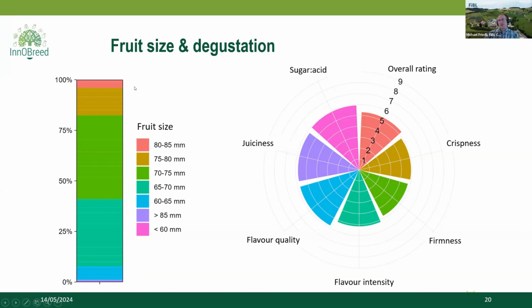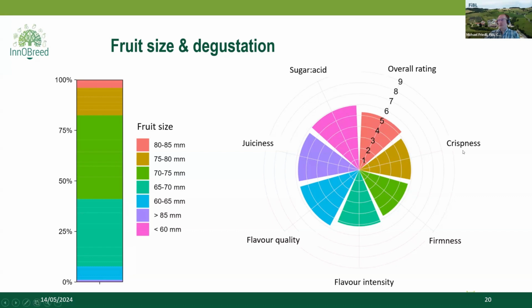And here you can see the proportion of these different fruit size classes, and this is quite a nice variety, with a lot of fruits of 65 to 70 or 70 to 75 millimeters, so quite a good fruit size. What we also do at our testing site is a lot of degustation, so tasting of the fruits, where different people rate the fruits.